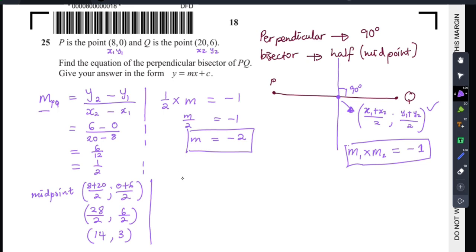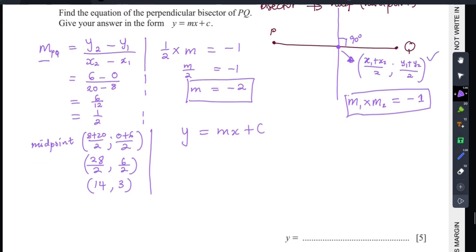Now the equation of our straight line has to be in the form y equals mx plus c. So we are going to use this point to find the value of c, together with the gradient up there. When y is 3, x is 14, and we know the gradient is -2, so we have 3 is equal to -2 times 14, plus c. So 3 is equal to -28 plus c.